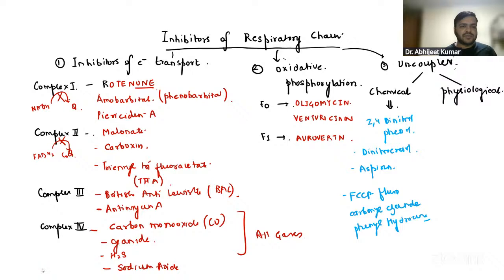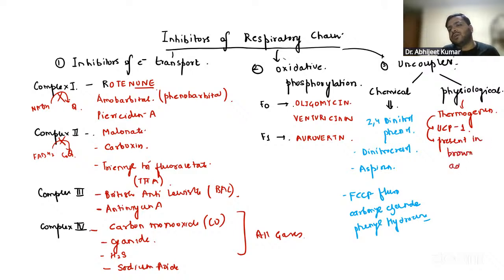Physiological uncouplers basically include thermogenin. Thermogenin is also known as uncoupler protein 1, UCP1. It is present in brown adipose tissue, right? The second one in this category is thyroxine.